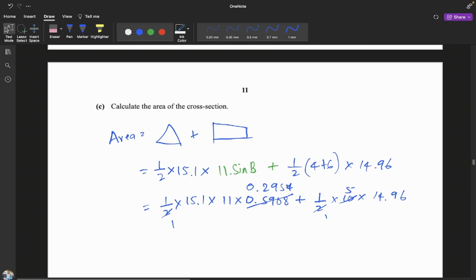Now you can multiply by 11, and multiply again by 15.1. The answer here will be 49.065 plus 74.8.